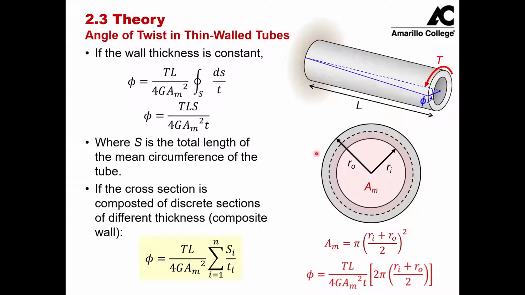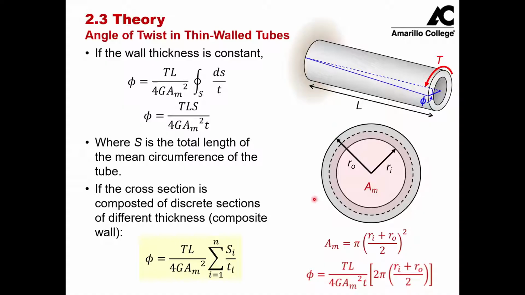So our circumference is going to be pi times this diameter. Our diameter is our outer radius plus our inner radius divided by 2, so the average of the radii, and then we multiply that by 2 to get our diameter, and if we multiply that by pi, that is the circumference of this dashed line. So we're looking for the length of this dashed line that passes through the center of our wall thickness.